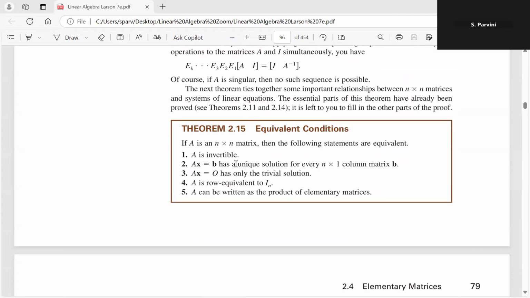It will continue on to chapter 3. This theorem will continue to chapter 4, and then it will go to chapter 6. So it's a huge theorem in linear algebra. Let's take a look at this theorem a little closer.